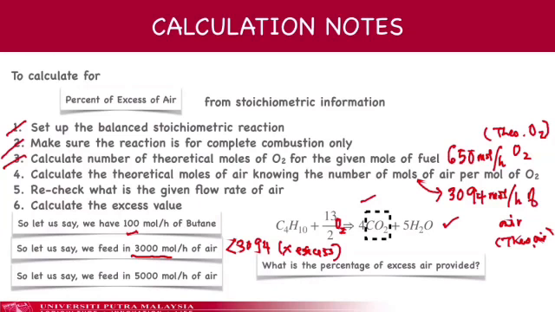Okay, let us look into the second one. When we feed in 5000 mole per hour of air, is this greater than 3094? Yes, it is greater than 3094. Let us calculate what is the percentage of excess air that is provided.